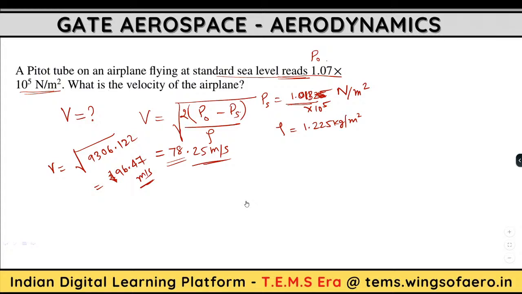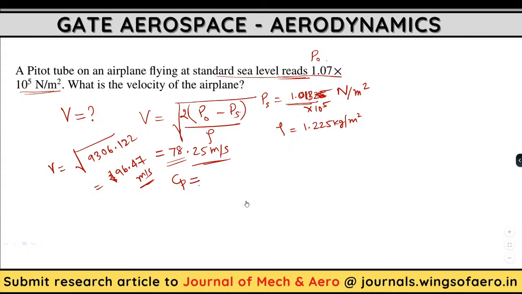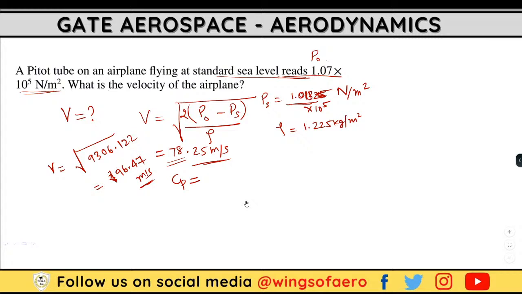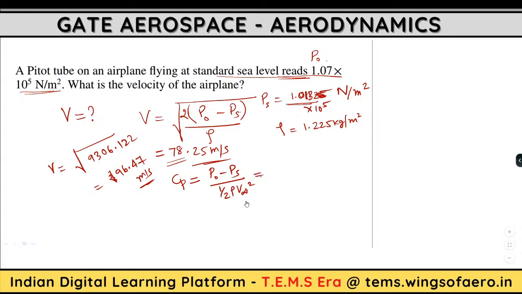Now from there, suppose they ask you to further find out the coefficient of pressure. Now what is the formula? Here, in terms of pressure, it is P over half rho V square. So can you find out the answer?